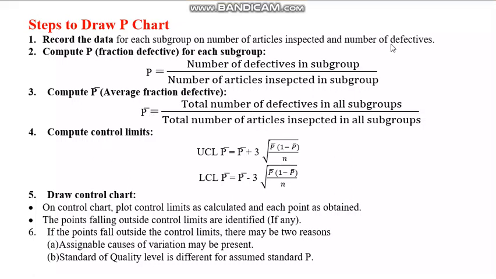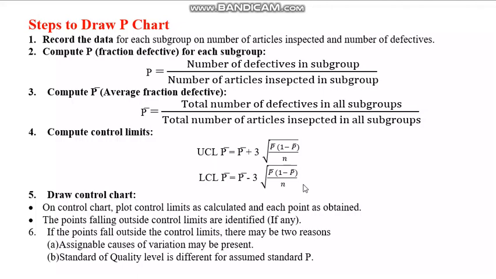Now the next step is you have to compute the control limits. Control limit means upper control limit and lower control limit. For this P chart, the formulae we are using are given here. At this level, how we arrive at these formulae, what is the mathematics behind it, we are not dealing with.